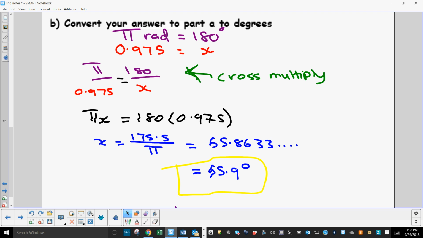As I said, if it was non-calc, you're probably not supposed to leave an answer like this because you're not supposed to have a decimal in a fraction. So you would double the top, double the bottom, and that would give you 351, I think, over pi degrees if it was non-calc.